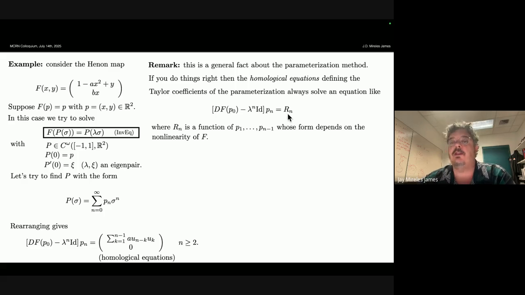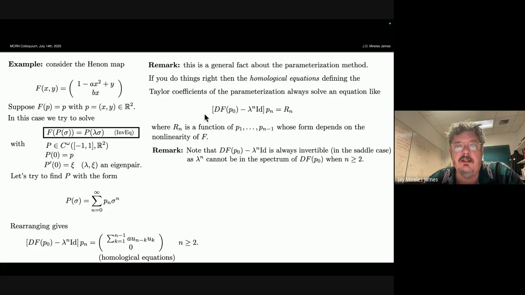Where this Rn, you really have to work out, it really depends on the form of your map. But every time you do one of these problems, when you think you've arrived at the correct equations, you have a great check, because your left-hand side should always be the derivative minus this lambda times the identity.